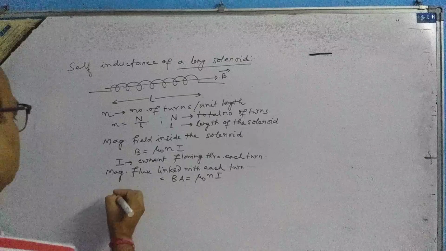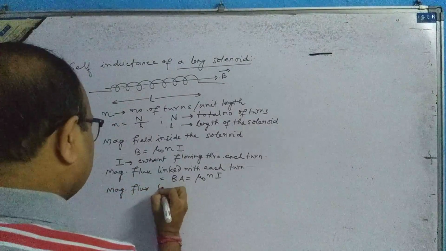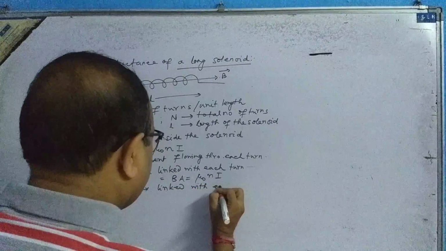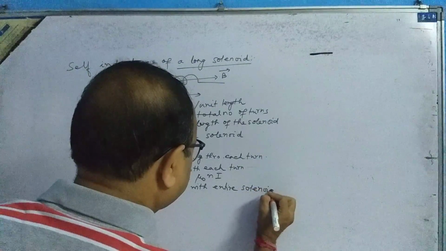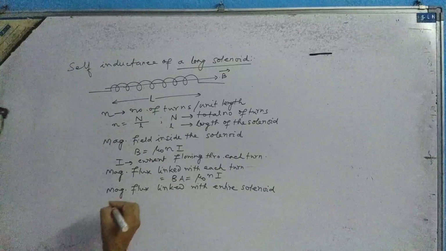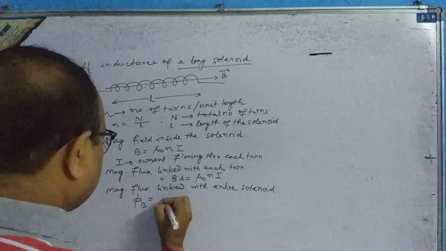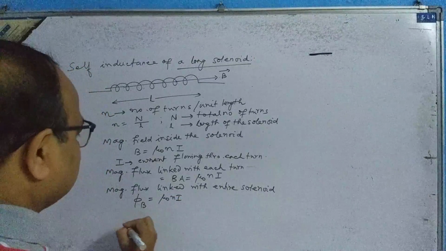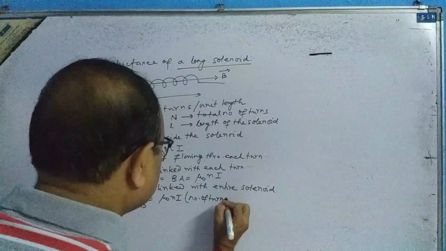Then what is the magnetic flux linked with the entire solenoid? I want to find it out with the entire solenoid, that should be phi B equal to this flux, mu naught n I, into obviously the number of turns.